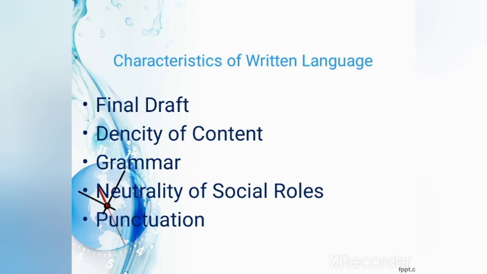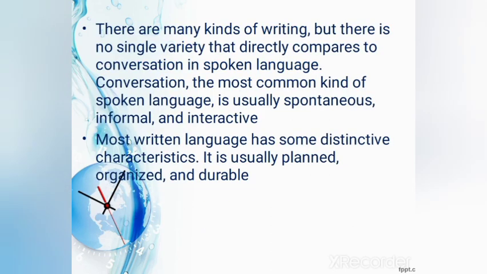Next, characteristic of written language. The characteristic of written language consists of final draft, density of content, grammar, neutrality of social roles and function. There are many varieties of writing, but there is no single variety that directly compares to conversation in spoken language.